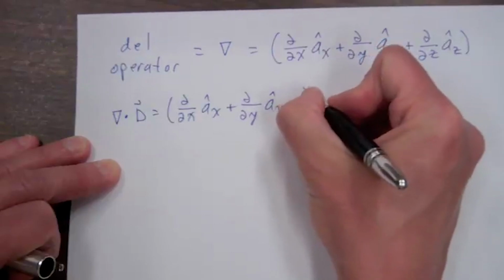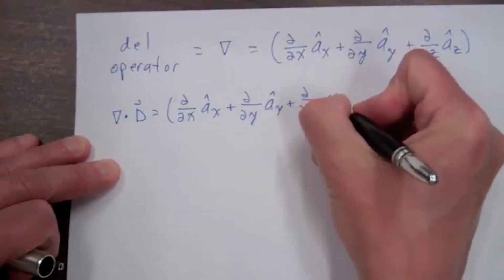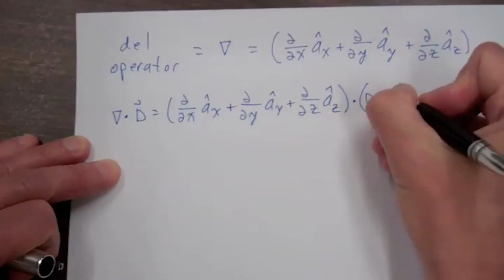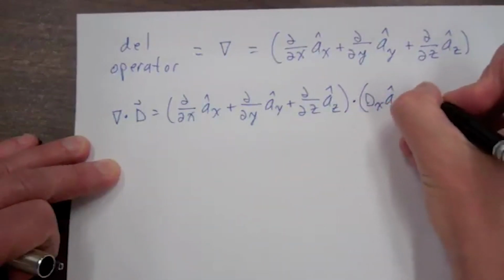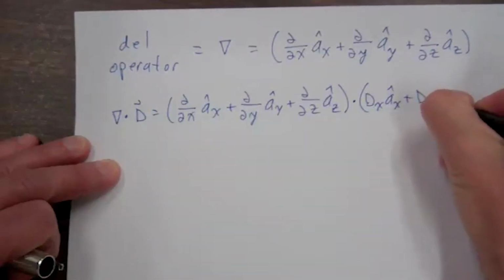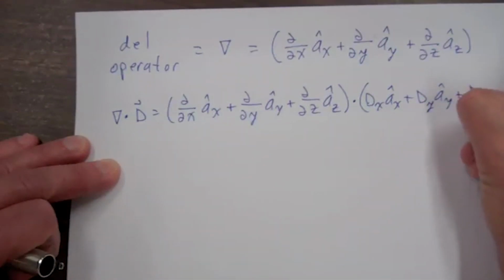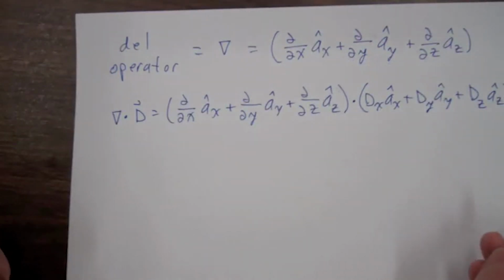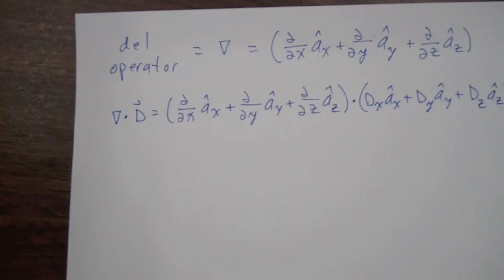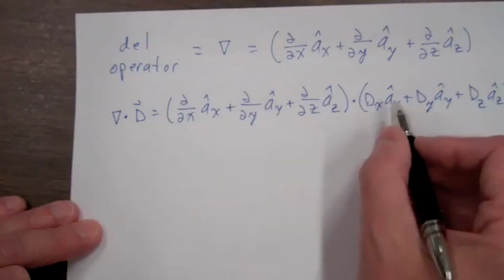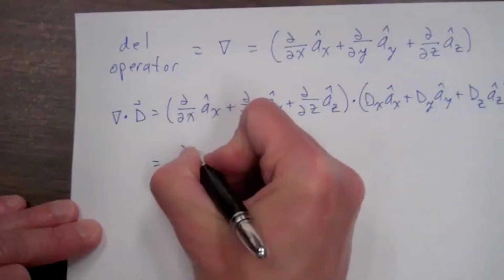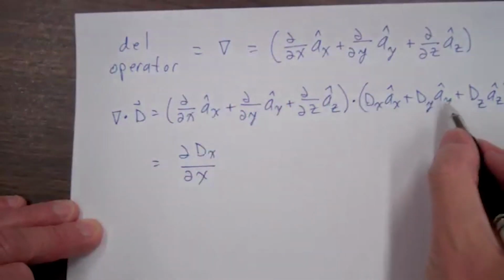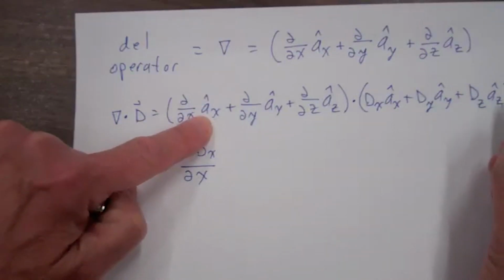Okay, so here's our del operator. And let's write out our electric flux density field in component form. And let's go through the distribution of these two terms. So a x dot a x is 1, so you'll have a partial D sub x with respect to x. a x dot a y is 0 and a x dot a z is 0.